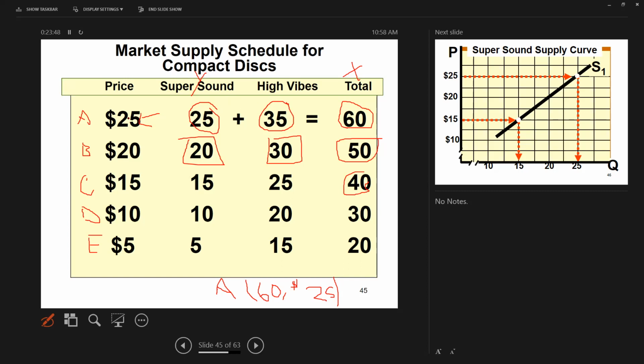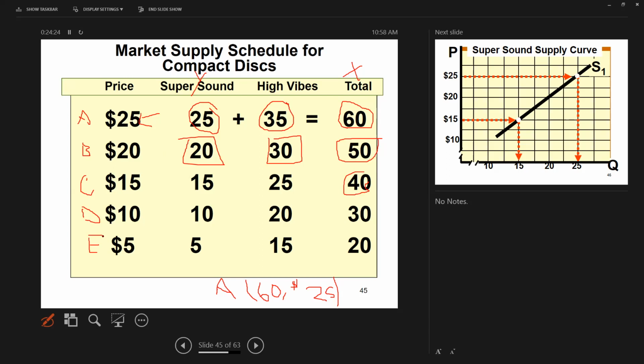So at a price of $25, we add these two quantities together, and 60 CDs will be offered on the market at that price. I did the first one, and I'm having everybody else, whether you're live or watching this later, do that for points B, C, D, and E, and then we're going to graph a market supply curve for CDs here.